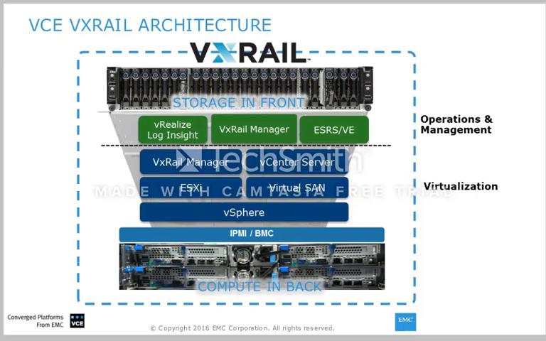VCE VXRail Appliance is architected with VCE branded servers, VMware virtualization, VMware operations, and VCE managed software. The virtualized environment is based on physical nodes, network interface card, memory, and disk storage.